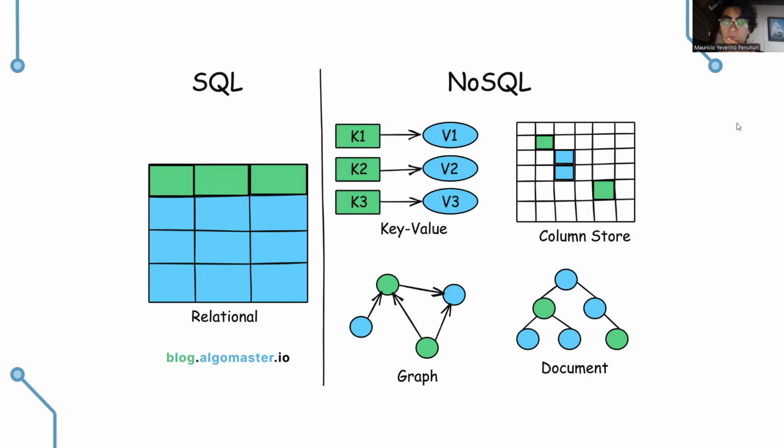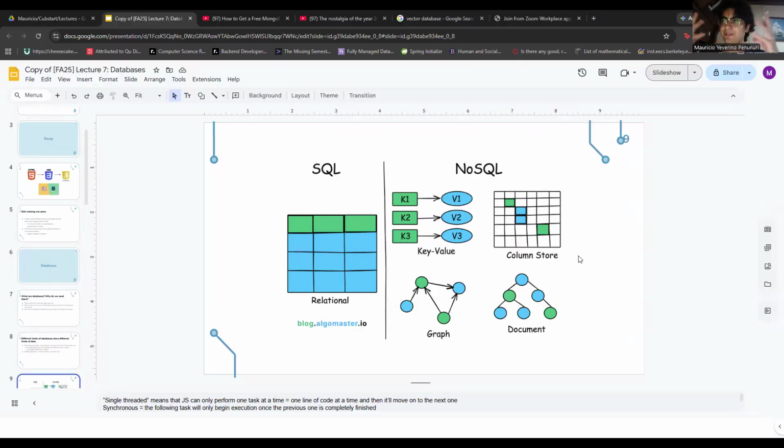One example that I can give you so you can feel a little bit more of this difference between databases: your typical database is like a table that has information. Back in the day, people used Excel in order to store data about a company and all of that. That is SQL.